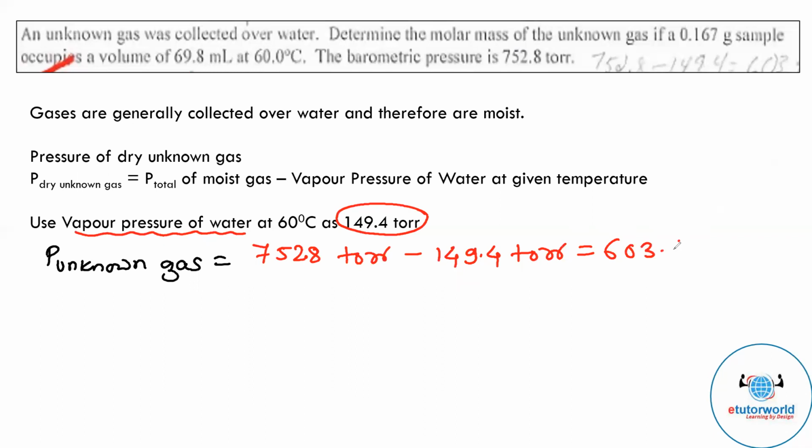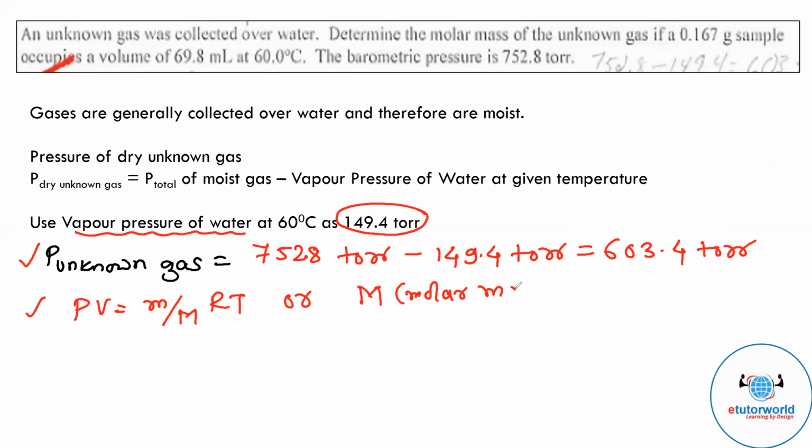Very good, absolutely correct. Now the next thing is putting the values in the PV = (m/M)RT relation. We are interested in the molar mass, capital M, so M = mRT divided by PV. Right, Aditi? Yes, sir. Okay, very good.